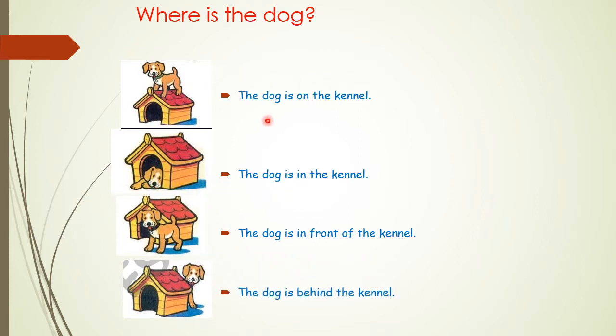If you have 4 sentences here, and if you check these sentences, you understand that most of the words in these sentences are the same, except for words like on, in front of, and behind.